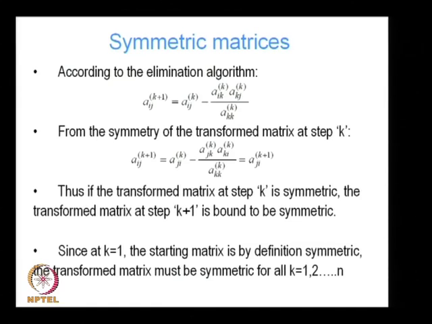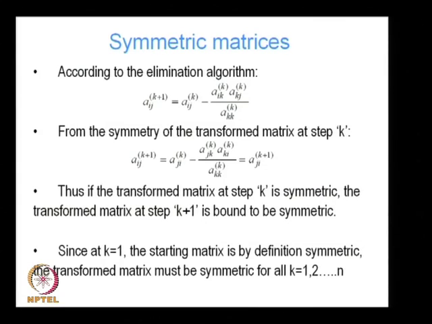From the symmetry of the transformed matrix at step k, we can write Aij at step k plus 1 is equal to Aji at step k plus 1. Please note the difference between these two equations. In the first equation, we had Aij at k on the right hand side. In the second equation, we use symmetry to write Aij in terms of Aji.